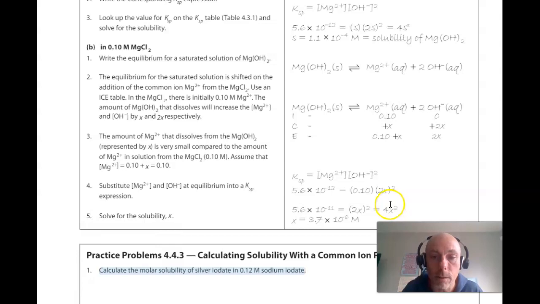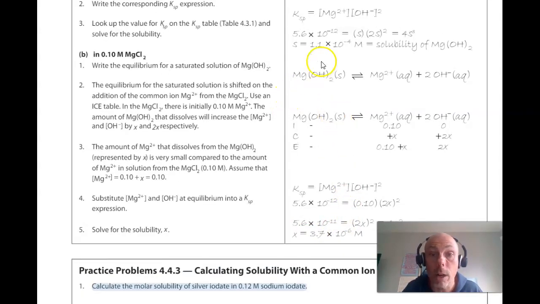And when we solve for x in the end, which is the concentration of magnesium ions, and once again, the molar solubility of magnesium hydroxide, we see that it's 3.7 times 10 to the minus 6. And as we might expect, that value is lesser than it was for pure water's molar solubility of 10 to the minus 4. So in fact, the presence of a common ion reduces the molar solubility of magnesium hydroxide.